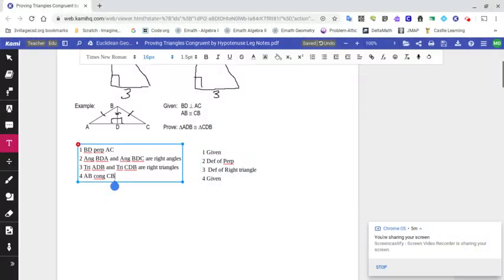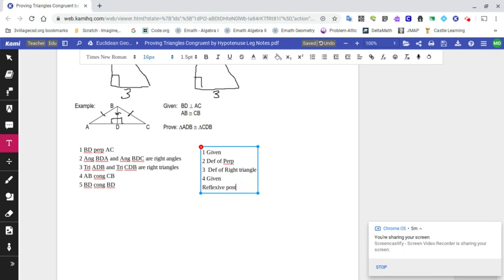That's my hypotenuse. Step 5: BD congruent to BD by the reflexive postulate. And now I'm done.